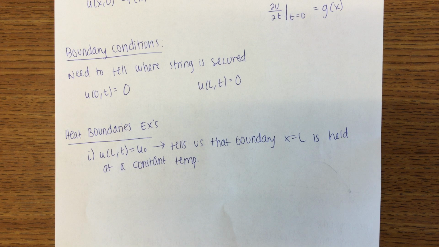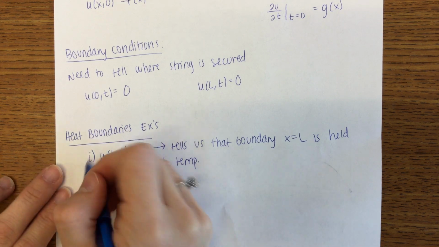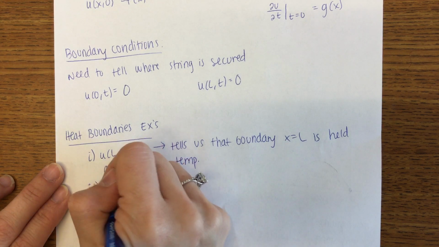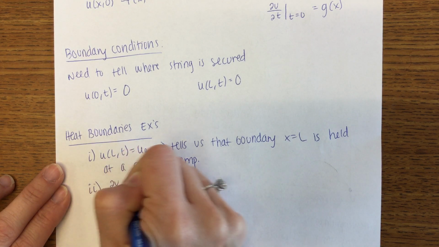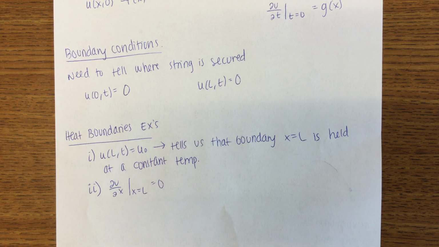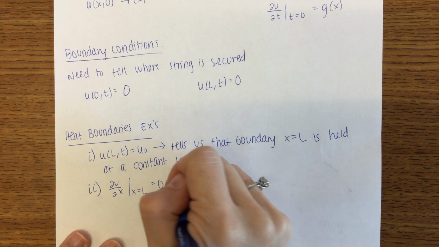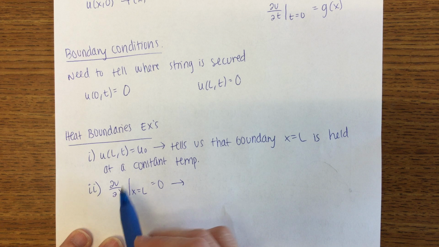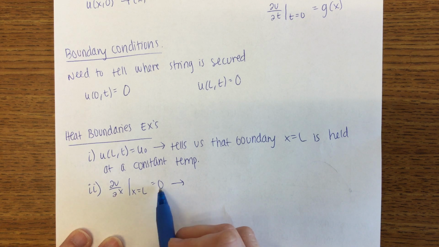Could be the same for the left boundary as well. You could have something like this. Partial u with respect to x at x equals L equals 0. So the change in the temperature with respect to position at the rightmost point of the rod is 0.